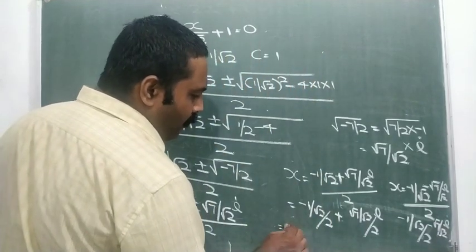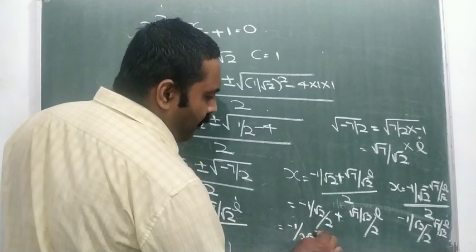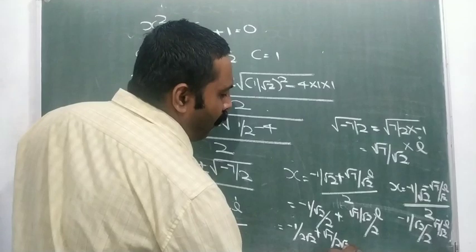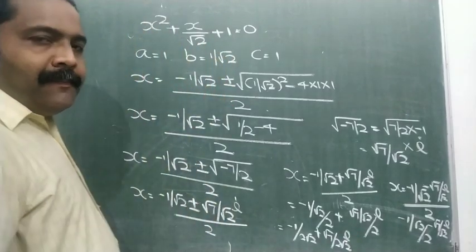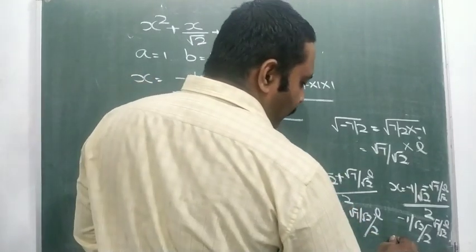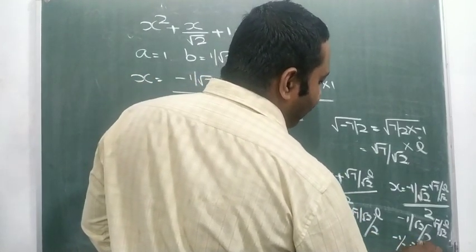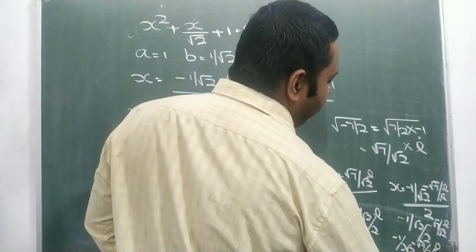Which will be equal to minus 1 by 2 root 2 plus root 7 by 2 root 2 i, or minus 1 by 2 root 2 minus root 7 by 2 root 2 i.